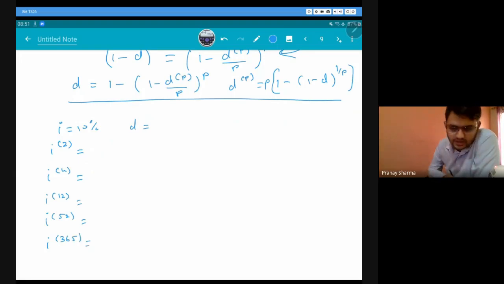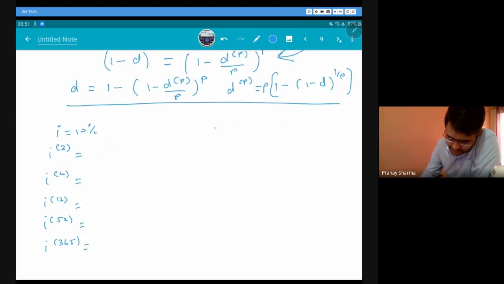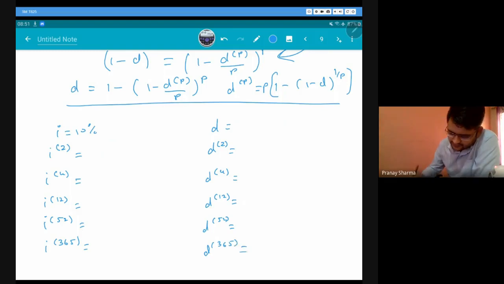I don't think I gave you all of these values, but let's calculate. Then we'll be calculating d, then we'll calculate d2, d4, d12, d52, and d365.